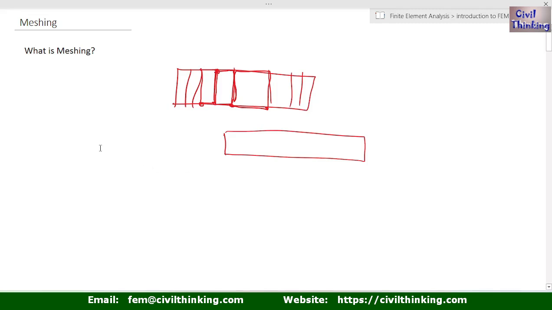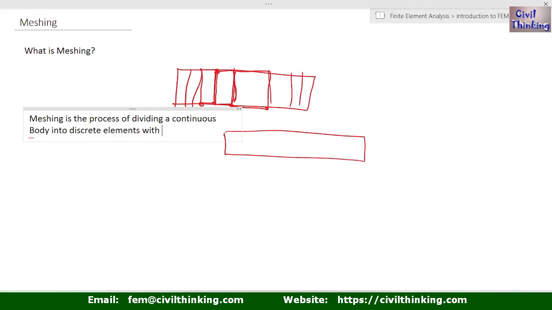If I write here what meshing is, I can write: meshing is the process of dividing a continuous body into discrete elements with the help of some basic geometric elements.